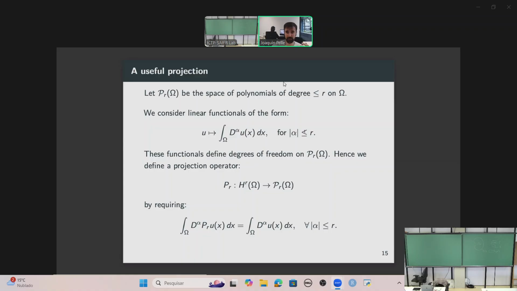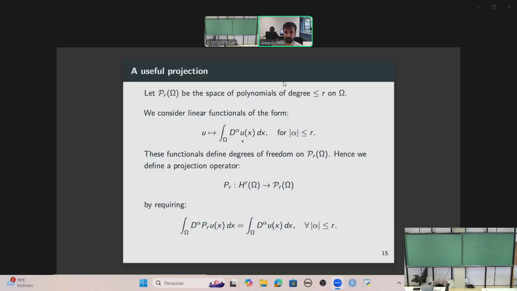And here we are considering multi-indexes or derivatives of order less than r, where r is the degree of the polynomial space. So as I was saying, these functionals define degrees of freedom, right? Which means that if I specify the values of all of these integrals for a certain polynomial of degree r, this completely determines what the polynomial is, right?